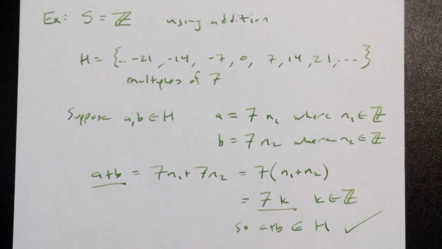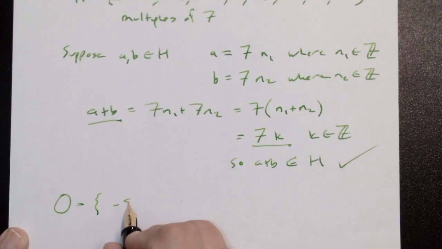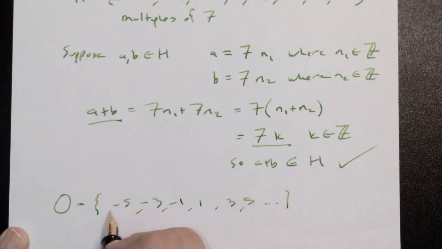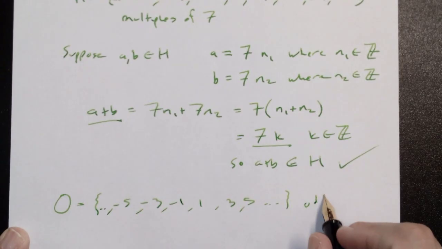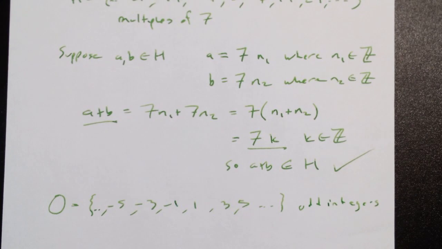The hard part is looking at the answer and making sure it's in the set you want it to be in. So, still with addition, let me give you an example of a set that's not closed. Here's a set of odd integers.